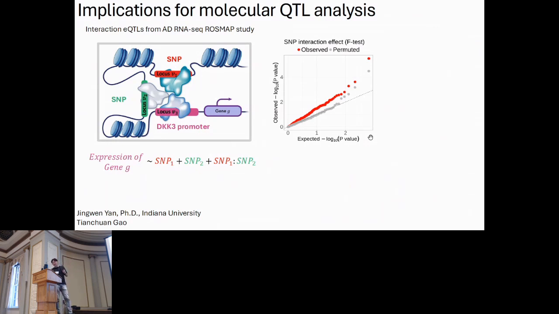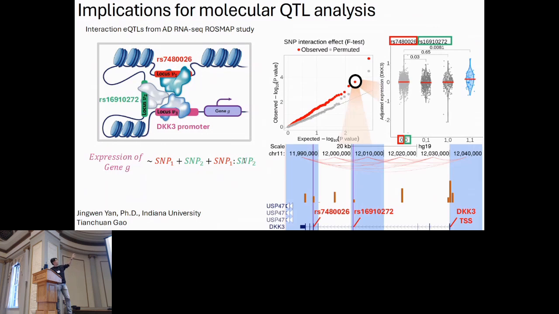The corresponding p-value for the interaction effect is plotted on the QQ plot, and the gray ones are obtained based on the permuted data. You can see that the signal is there for the interaction effect. It chose a specific interaction effect model that contains two SNPs and one gene.